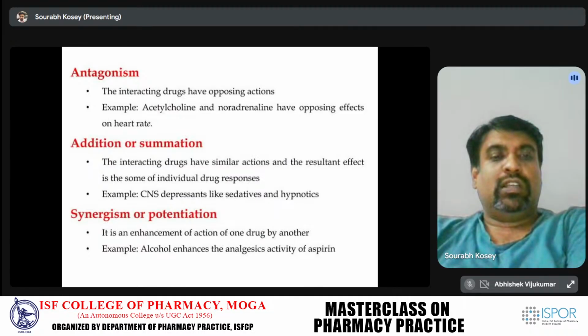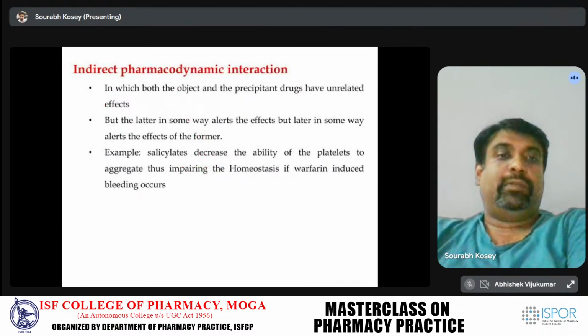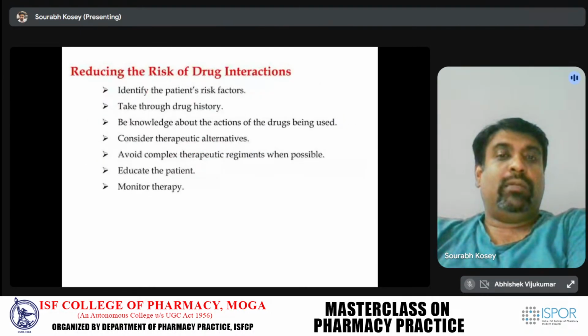Addition or summation: the interacting drugs have similar actions, and the resultant effect is the sum of the individual drug responses, for example CNS depressants like sedatives and hypnotics. Synergism or potentiation is an enhancement of action of one drug by another. Example: alcohol enhances the analgesic activity of aspirin. So indirect pharmacodynamic effects are there.